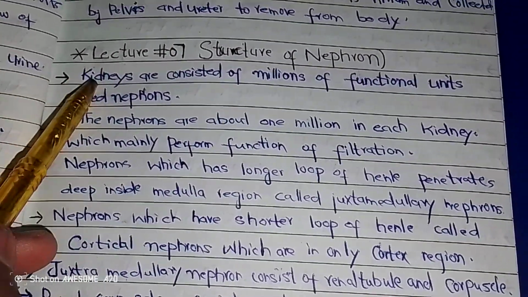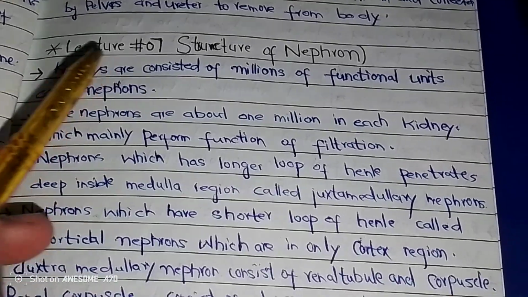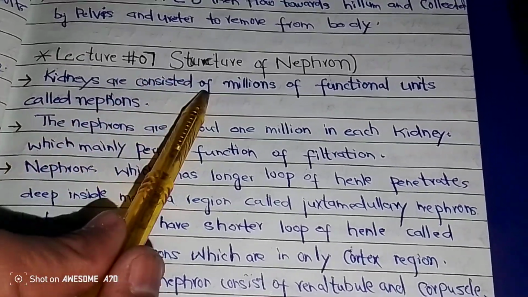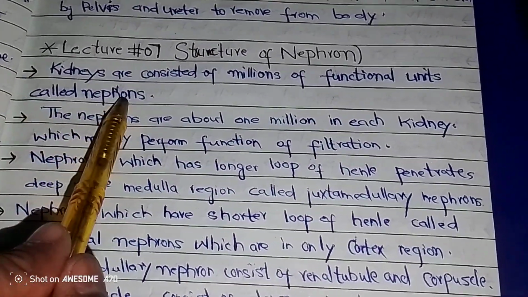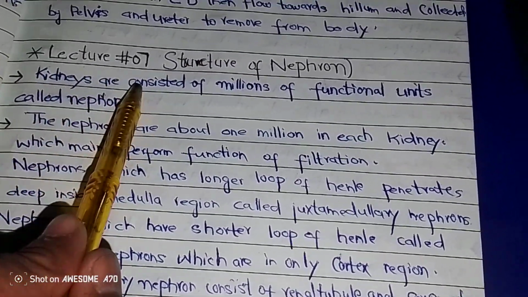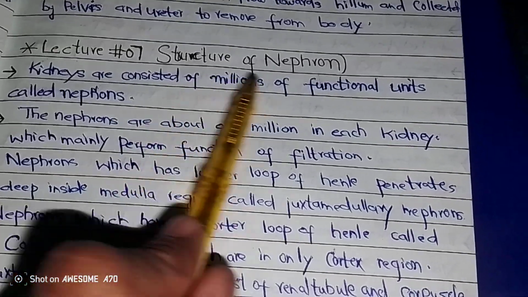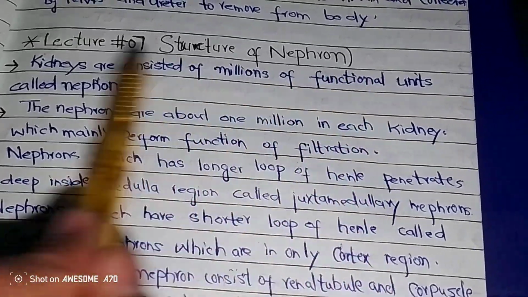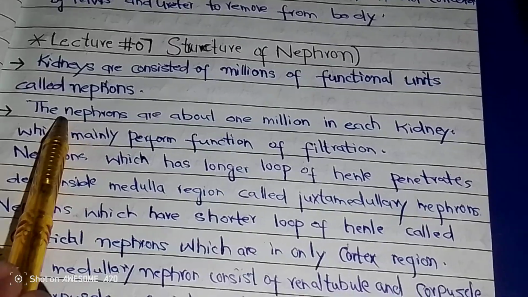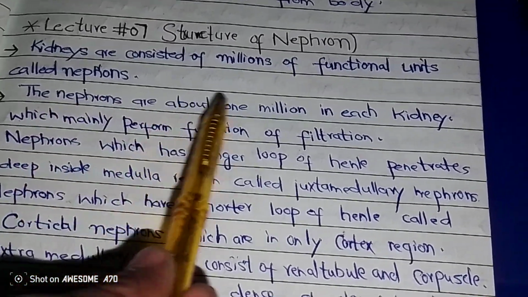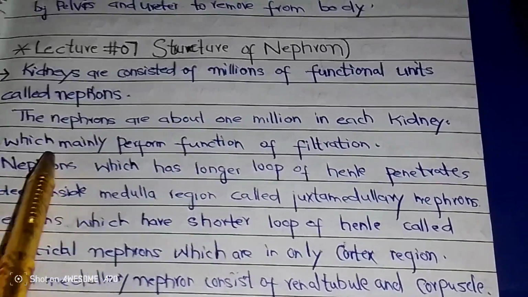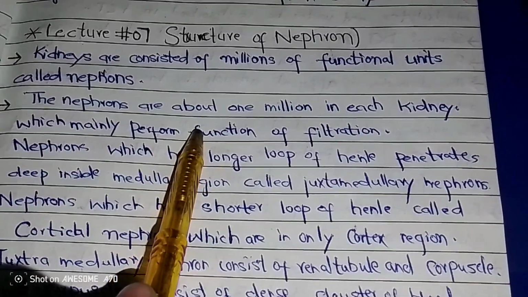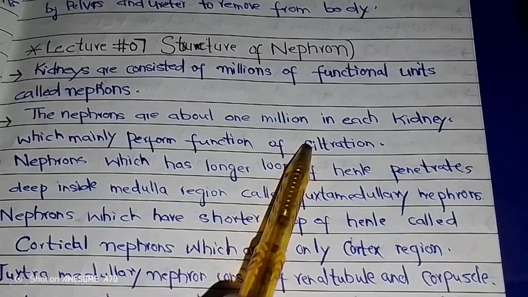So, key points: kidneys consist of millions of functional units called nephrons. The nephrons are about 1 million in each kidney, which mainly perform the function of filtration.